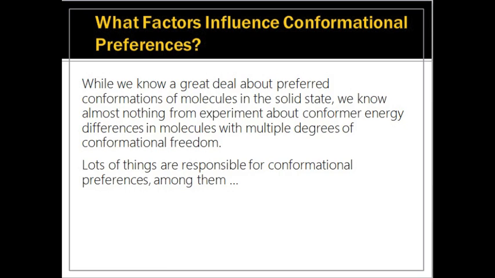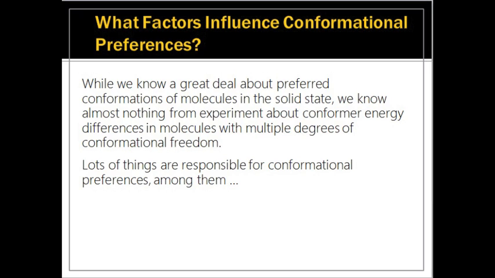Now, what influences conformation? What do we know? We have a lot of qualitative information about what things are important, but can we put that quantitatively, and can we see how well individual methods do? I'm going to mention just two factors that influence conformation.